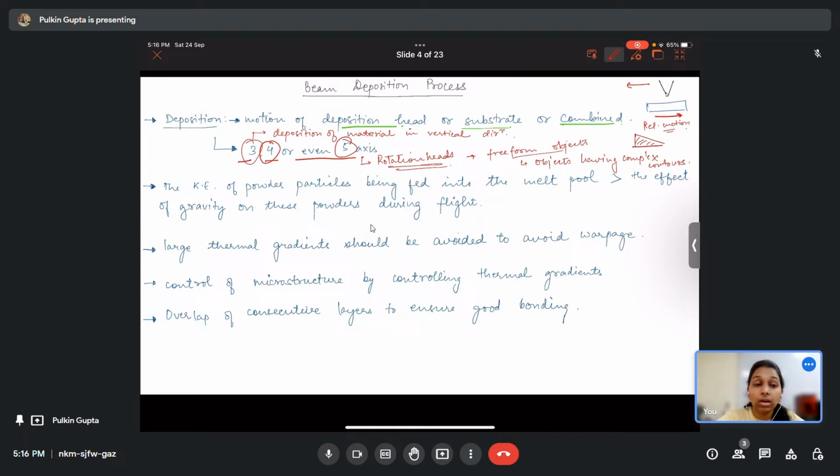Okay. Now, the second point is the kinetic energy of powder particles being fed into the melt pool is greater than the effect of gravity on these powders during flight. Okay, so what we mean to say here is, whenever there is a melt pool, obviously there will be buoyancy effects within the melt pool, and these effects cause density difference.